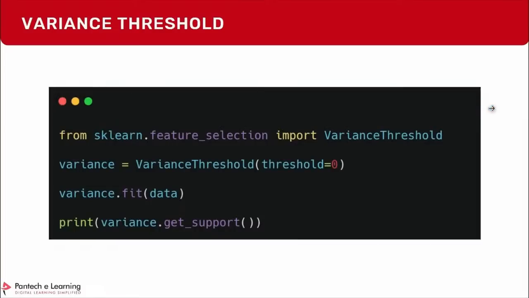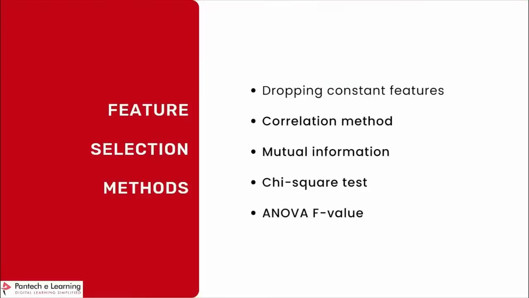We'll be using get_support, which I'll explain. These are basic methods which most often we won't use, like variance threshold, and the next few methods such as correlation. Mutual information, chi-square test and ANOVA F value are used very often, and we'll see that.